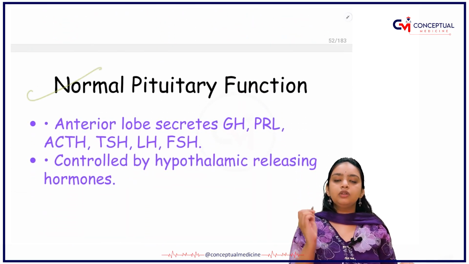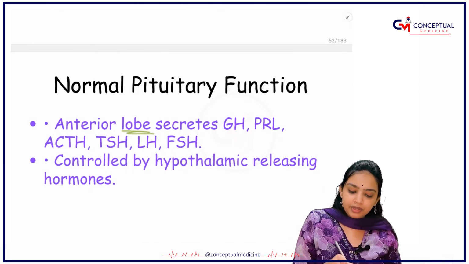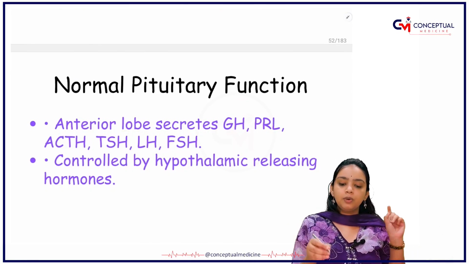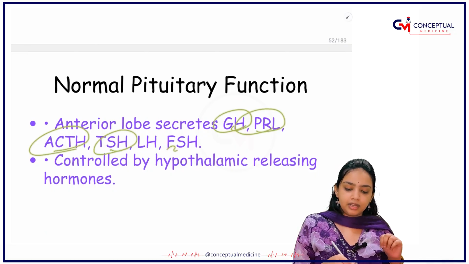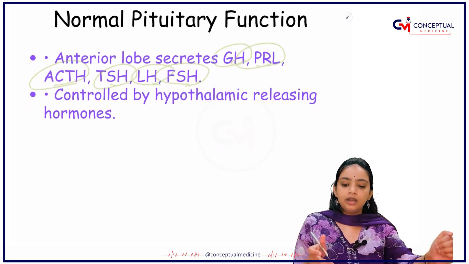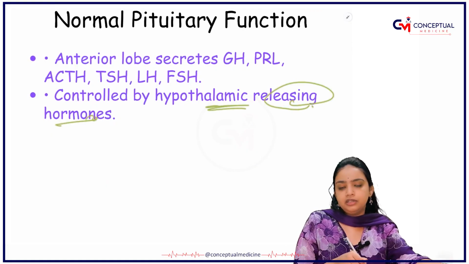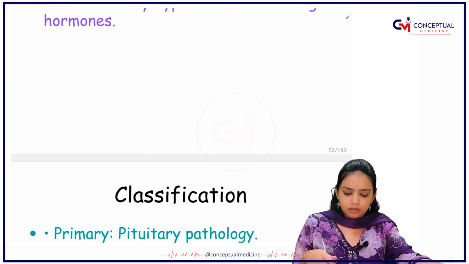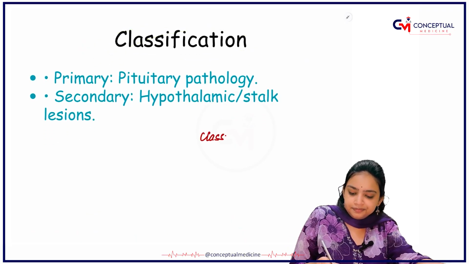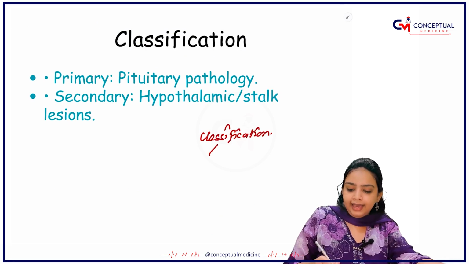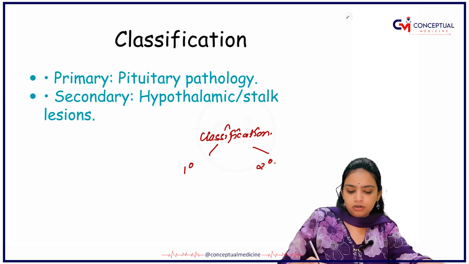So if I talk about the normal pituitary functions, then you have the anterior lobe, and the anterior lobe secretes what? It secretes your GH, PRL, ACTH, TSH, LH and FSH. They are controlled by the hypothalamic releasing hormones. We all know this. Classification will be, they can be primary, they can be secondary.